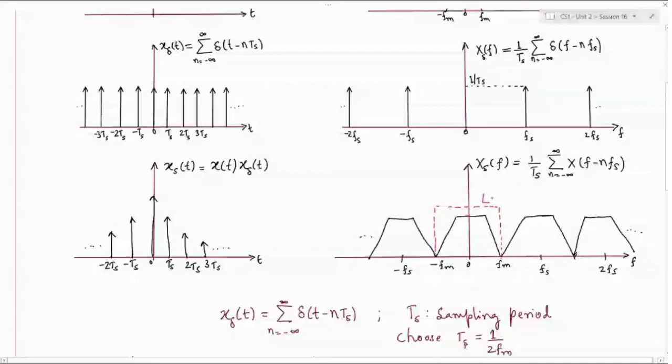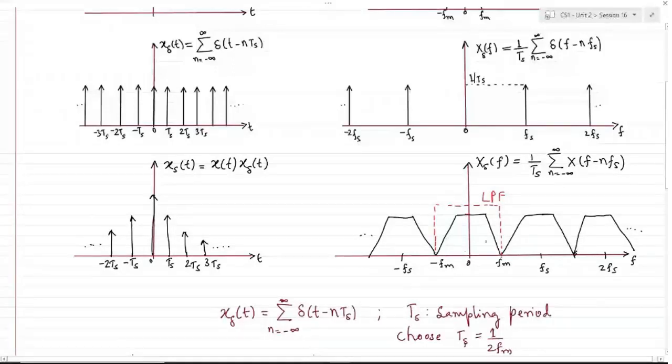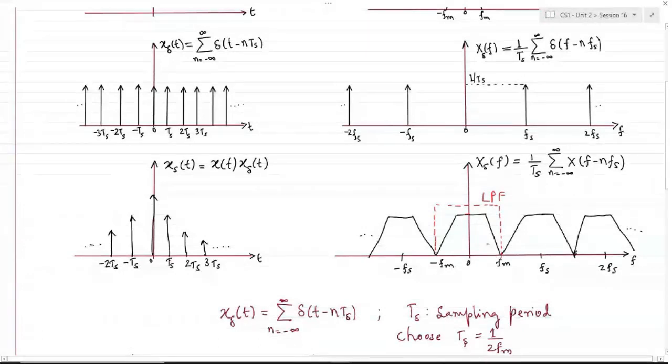If I have a low pass filter, this is simply a low pass filter where the cutoff frequency is fm. So with this kind of low pass filter, I'll truncate all the higher frequencies contained in the received sampled version of the original information signal. If it is passed through this filter, then I can recover the original information signal at the output of this filter.